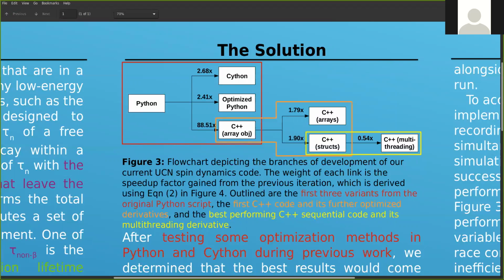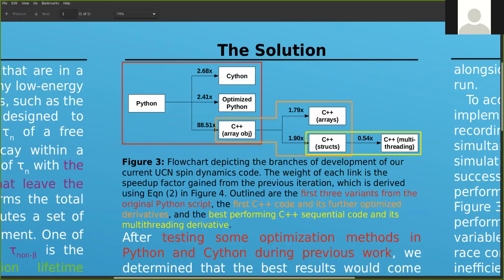I decided that the best improvement would come from converting the code completely over to C++ due to differences in how the languages work. While accomplishing this, I also incorporated one of the techniques I used in Python known as cache variables, where I stored intermediate calculations as variables if they were used more than once, to save time that would be used performing the same calculations repeatedly.